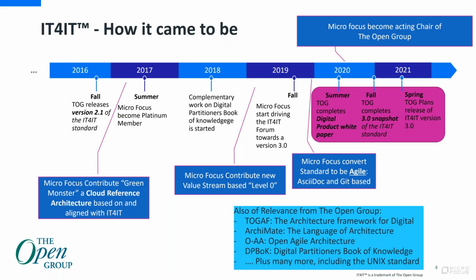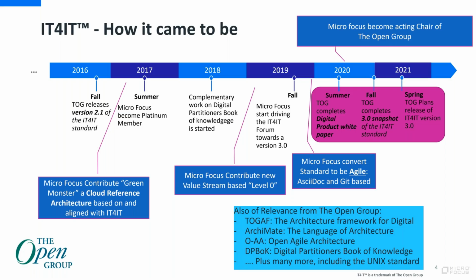And again, we in Micro Focus are pretty proud that we have contributed quite a lot to this. We contributed a cloud reference architecture, and then we contributed some new value stream thinking. So we upgraded the value stream thinking that was in the original IT4IT into something that is more visible as being this continuous interactive set of ways of working with IT to really make it agile.